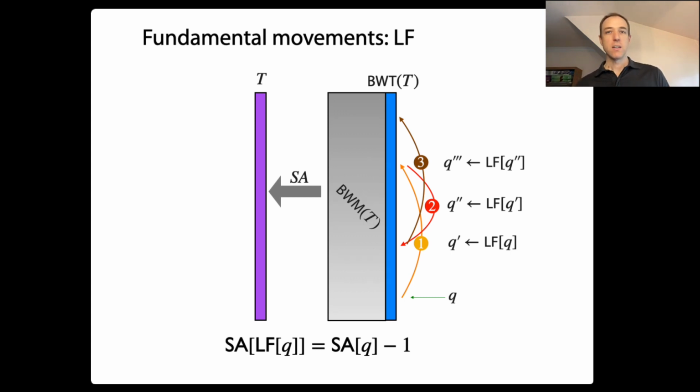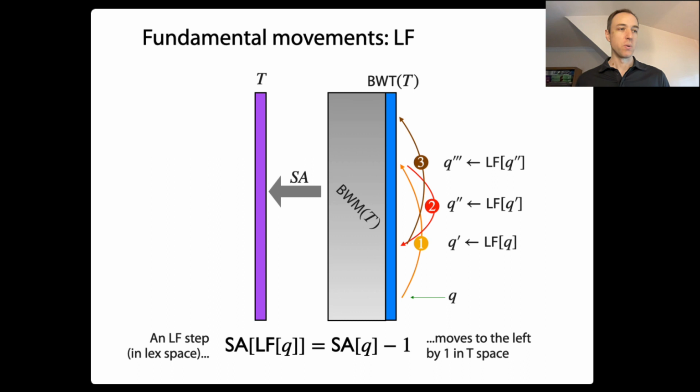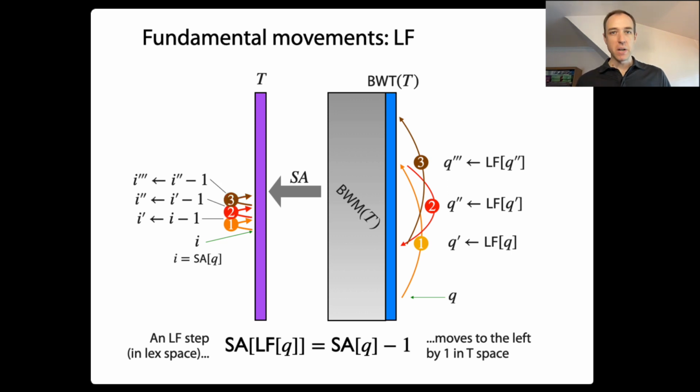So an LF step in lex space moves in a way that corresponds to a movement to the left by 1 in t space. So 1, 2, 3, pictured here on the slide, look a bit like this. 1, 2, 3, if pictured in t space, we're just moving to the left by 1, or in this picture, I guess we're moving up by 1 because I arranged t vertically.